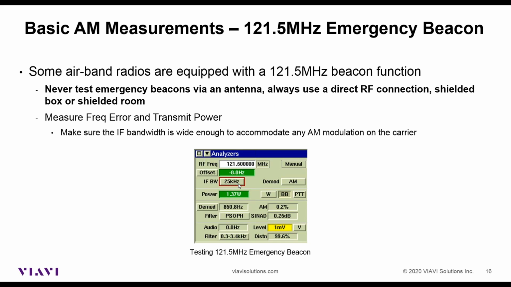Adjust the IF bandwidth down to be most suitable. You want it wide enough to let your signals through in your channel bandwidth, but narrow enough to minimize the amount of noise, because remember, any additive noise will add to the AM depth measurement. In this case, we're just looking at the frequency error and the power of the radio.